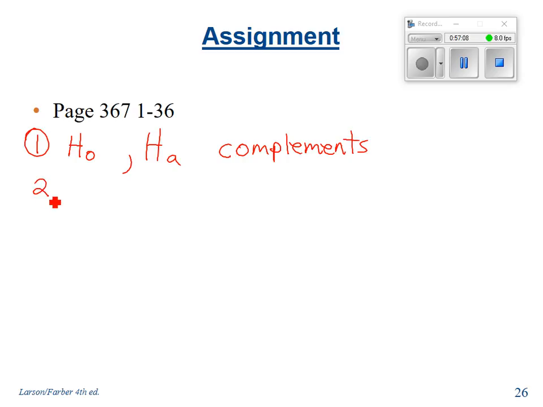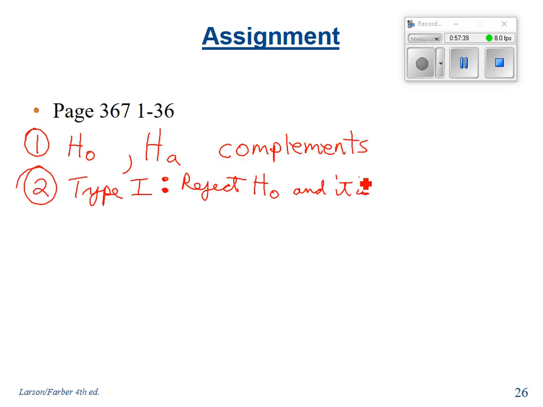Somebody help me out, what's number two say? Describe the two types of error possible in hypothesis testing. So now we got what? What's the first type? Type 1. What is type 1? Anybody remember? We reject the null, but it's true.